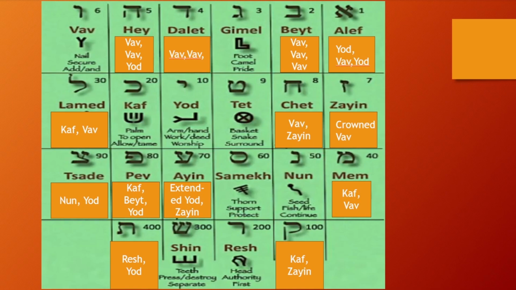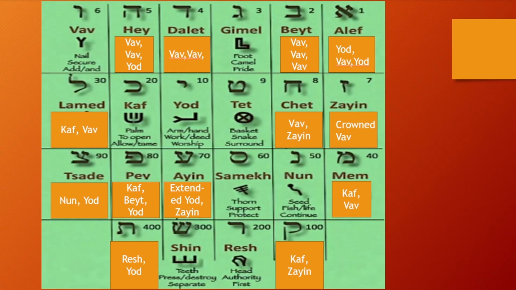Because if you have a yod, the second yod will always refer to glory. So you can have resh yod saying it's the throne of a leader, or you can say the glory of a leader.